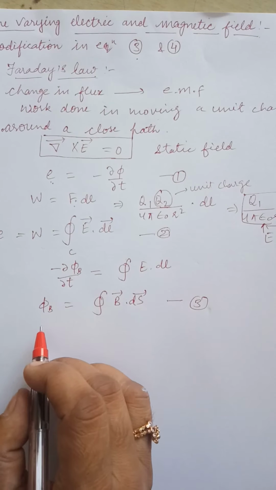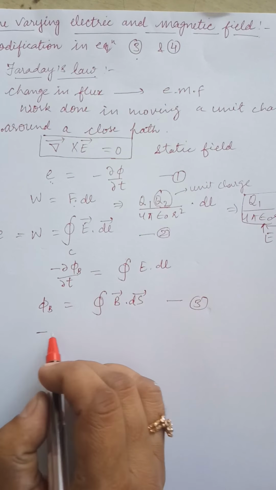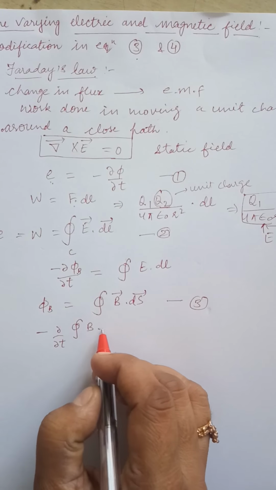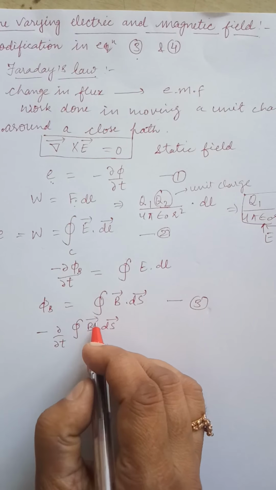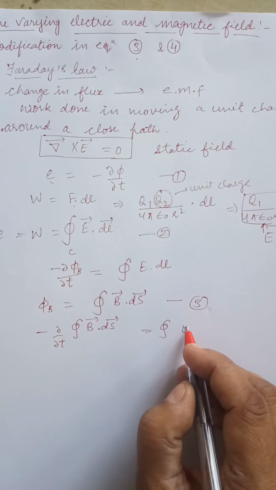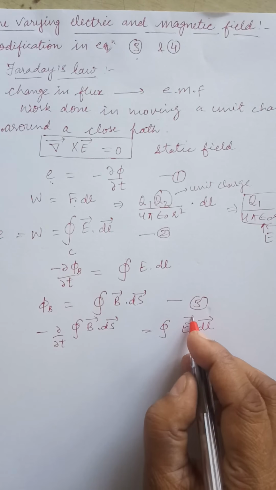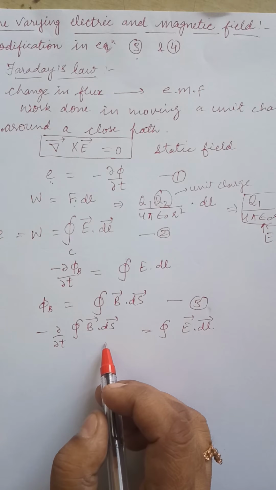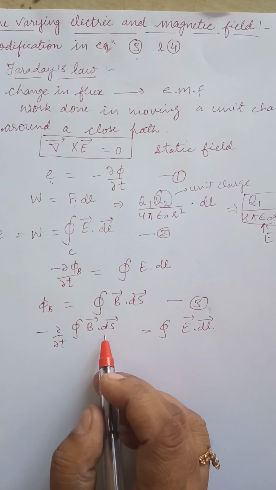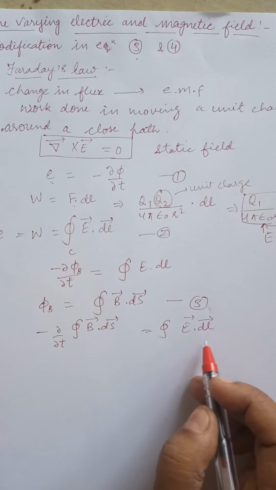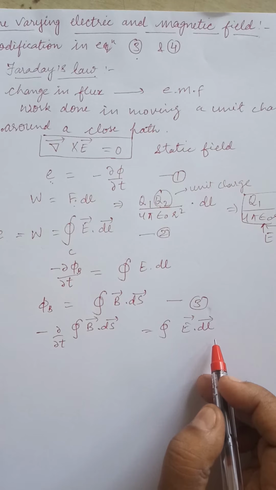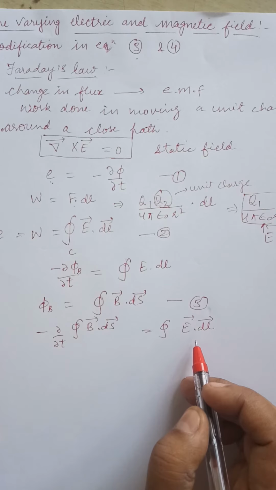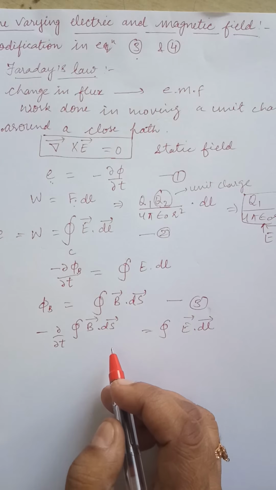So equation number 1 becomes minus del by del t integration B dot ds equal to integration E dot dl. Okay. Now if you see the equation, the left hand side is the integration over surface, the right hand side is the line integral. So this is a 2-dimensional quantity, this is a 3-dimensional quantity. So let me convert them into the same dimension.